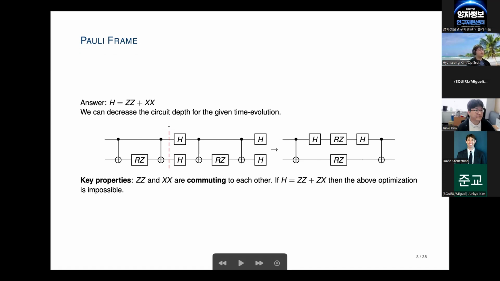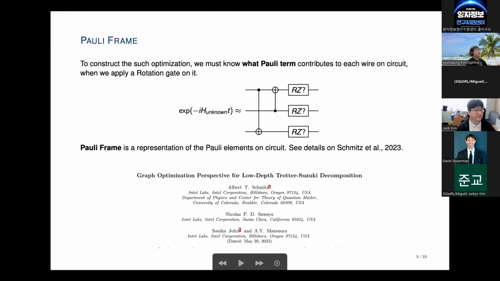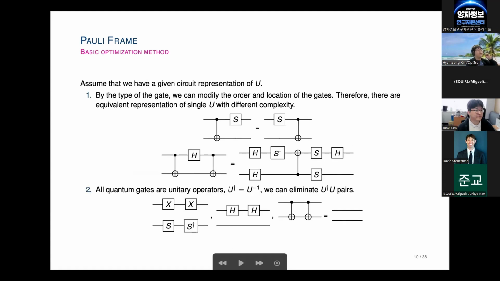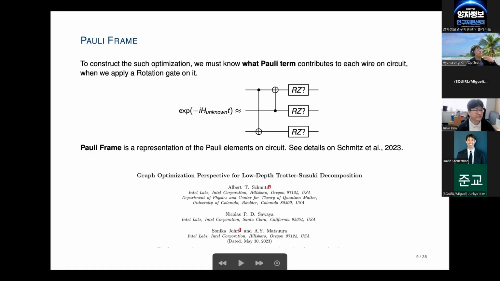The problem with this method is that we have to know all the Pauli terms after applying the controlled or transformation gates, so we have to chase every Pauli term at every single step of the circuit. This solution was suggested in the 2023 Smith et al. paper, where they use a Pauli prime method to accomplish this.